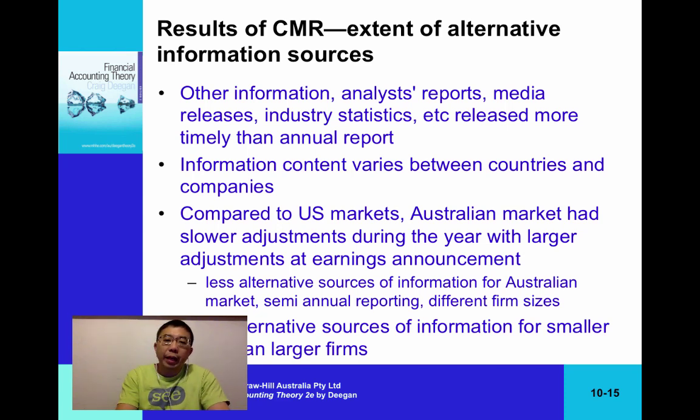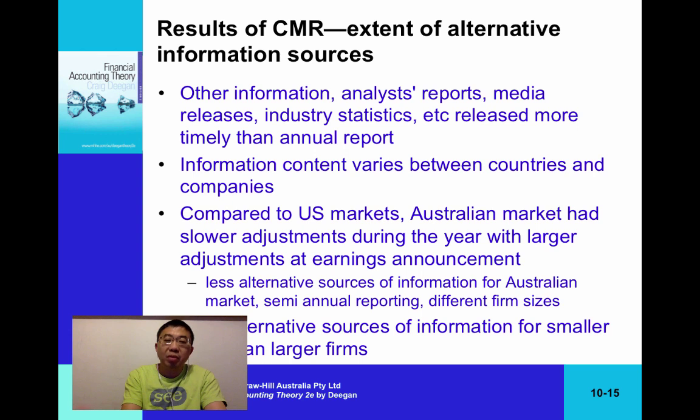Then they also looked at the information content between large companies and small companies. What they found was that for large companies, there are a lot more people following the development of that company, and therefore a lot more information is available for these companies.